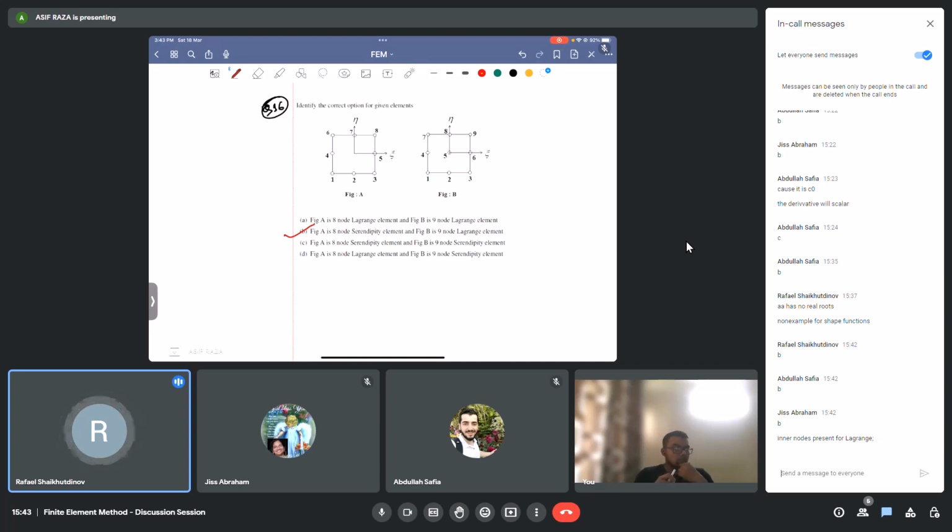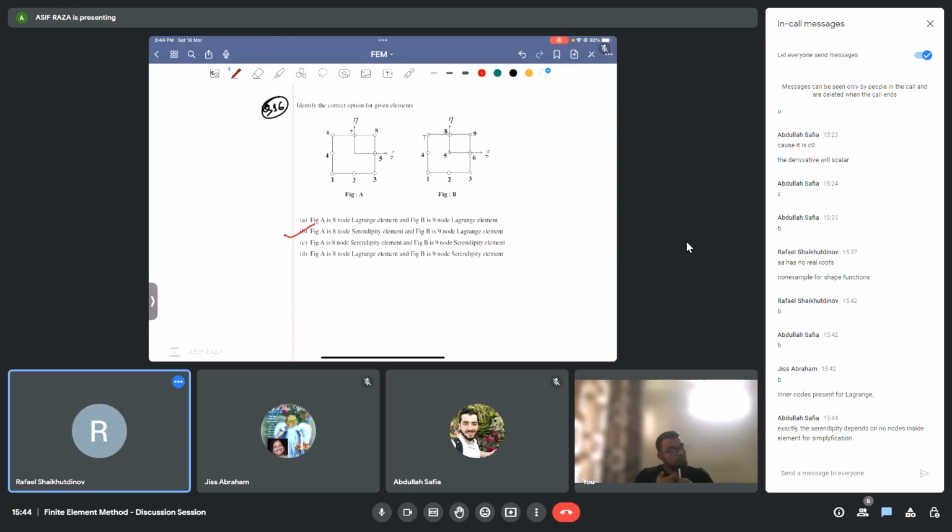It has a lot of nodes, and as I understood, for boundary elements, we need to have more points on the boundary of the element for some problems. I understand it like this: the serendipity element solves this task because a lot of nodes are presented on the boundary, and it is called serendipity because of how we formulate shape functions, I believe, by guessing.